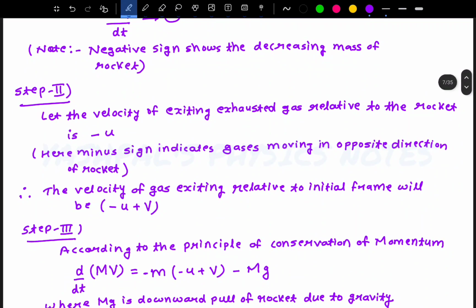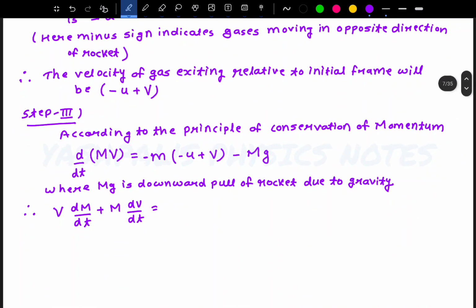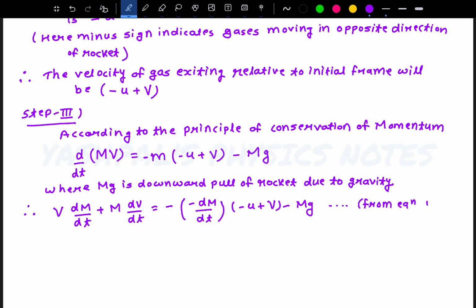So I am substituting this value in the above equation. Here I am writing minus, and the value of m was minus dM by dt. The remaining term is as it is: minus u plus capital V, minus Mg. From equation number 1.